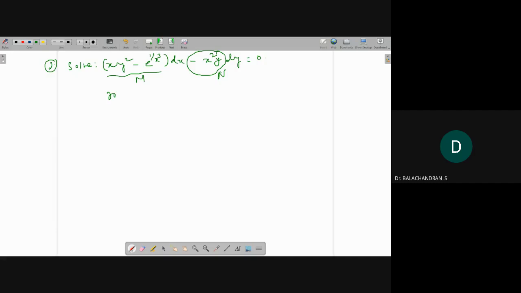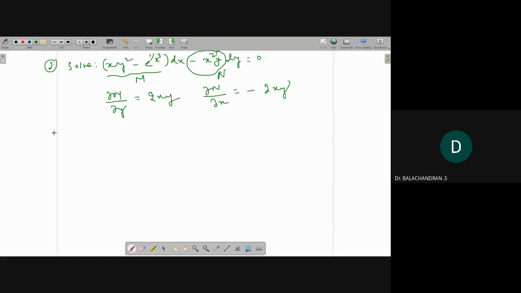You can check it. Dou m by dou y is equal to 2xy, and dou n by dou x is equal to minus 2xy. So it's not equal and hence not exact.